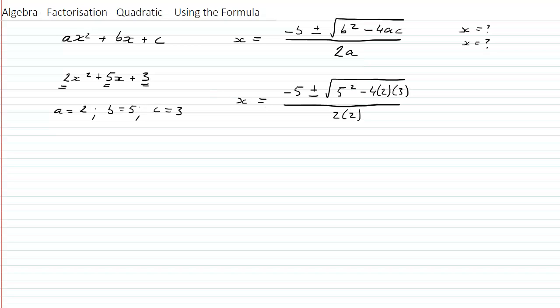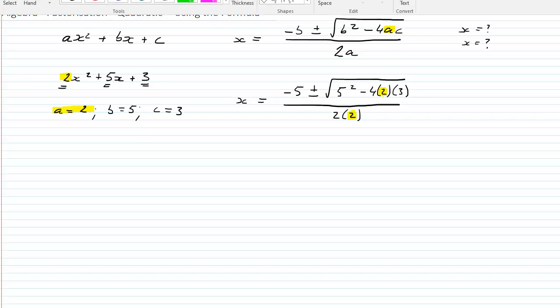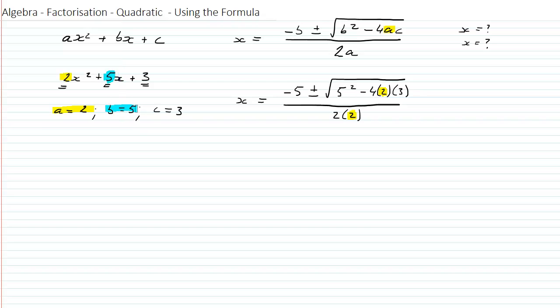Okay, so I'm just going to highlight these numbers, guys. So a is equal to 2, that's a there, and that's a there. b is this number here, so b equals 5.